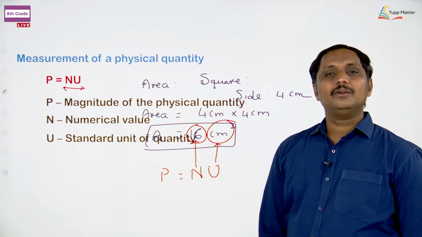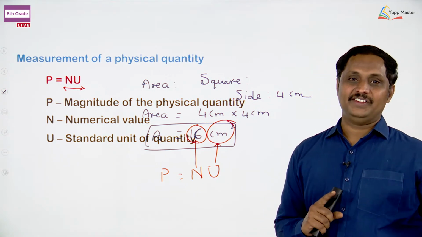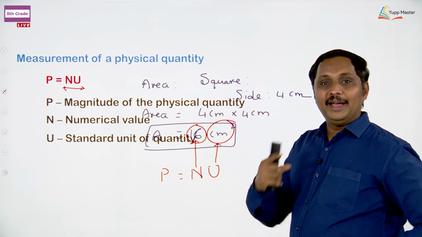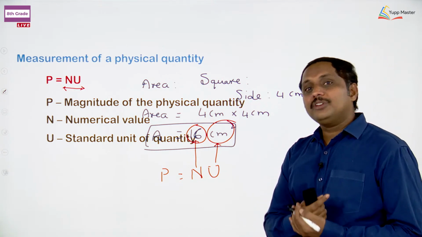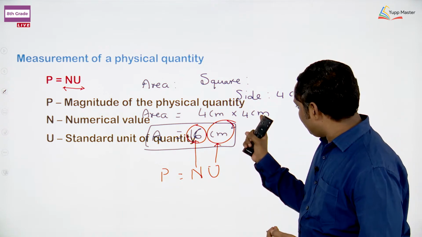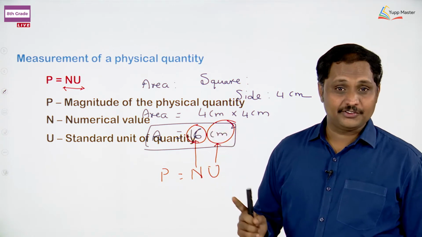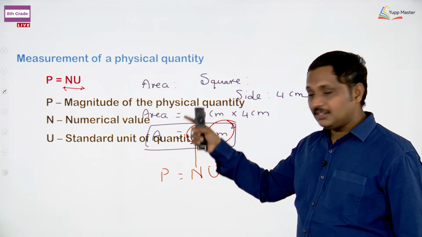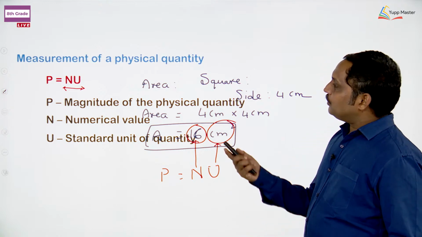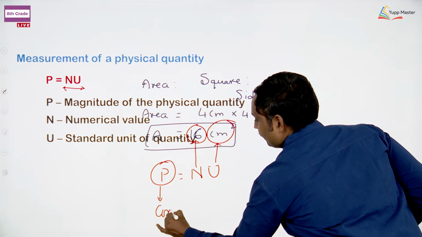Now one important parameter: the magnitude is constant, it does not change. If you have expressed it in any system of unit, the magnitude is constant. Suppose you have expressed it in centimeters square, in meters square, in millimeters square. Is there any change in that magnitude? No, there is no change at all. So it is constant.